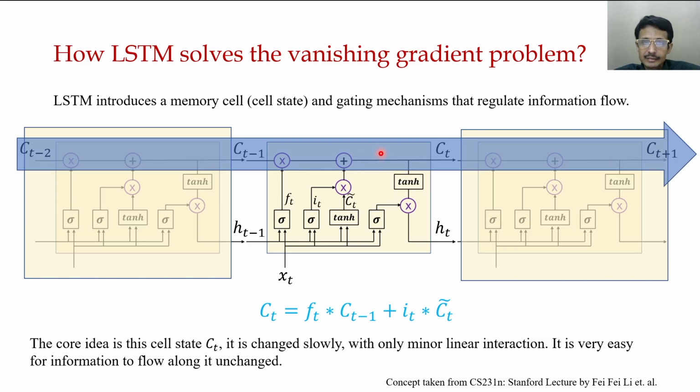You can see here, this is the forward direction, and if we go in the backward direction, it is mostly addition of information, not multiplication. What part to remember, what part to forget, that's all. So it's a linear interaction.